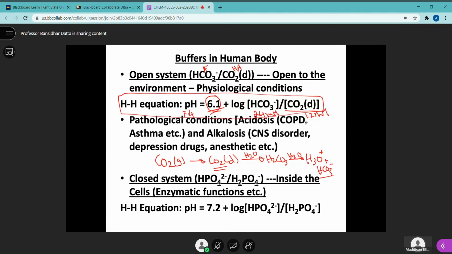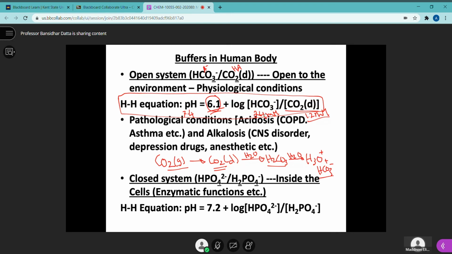So 1.2 millimolar carbon dioxide, and that is the variation. Because it's in equilibrium with the carbon dioxide, also in equilibrium with the carbonic acid. So the bicarbonate concentration inside our blood, almost all red-blooded creatures, red-blooded living species, have 24 millimolar bicarbonate, and carbon dioxide dissolved is 1.2 millimolar.